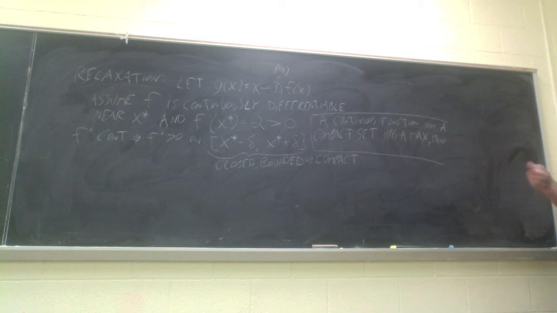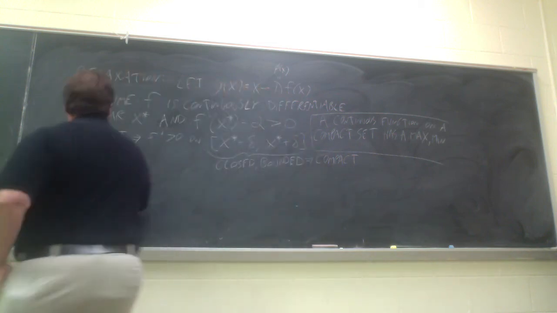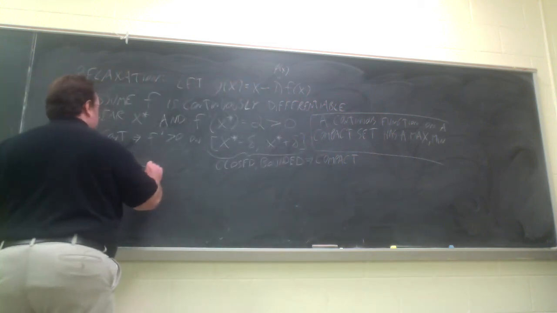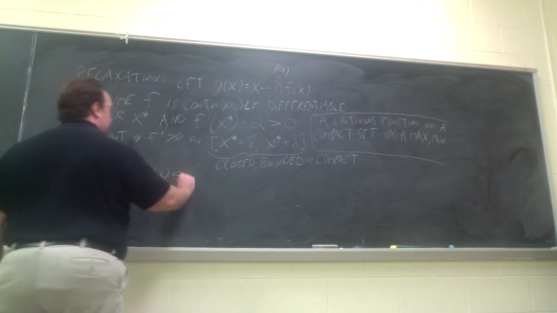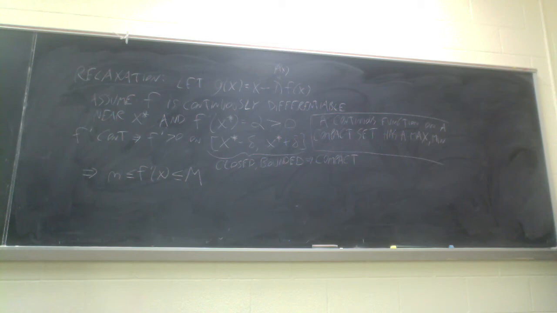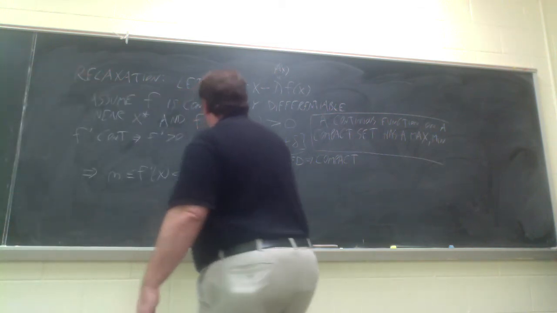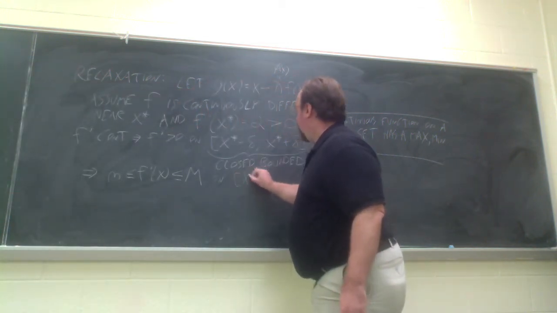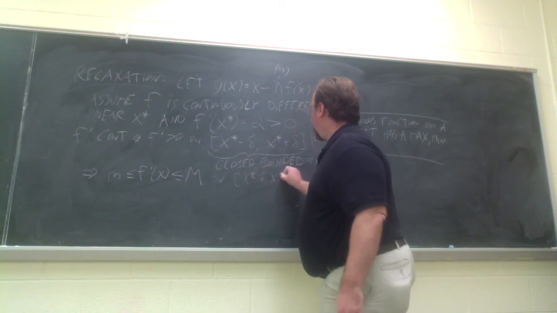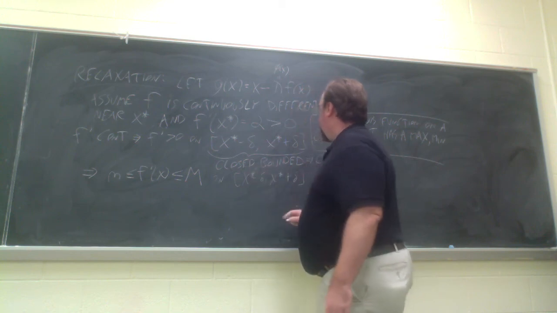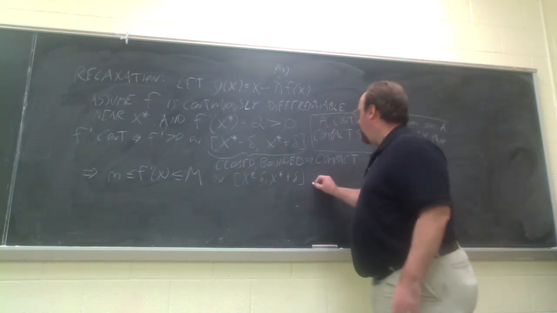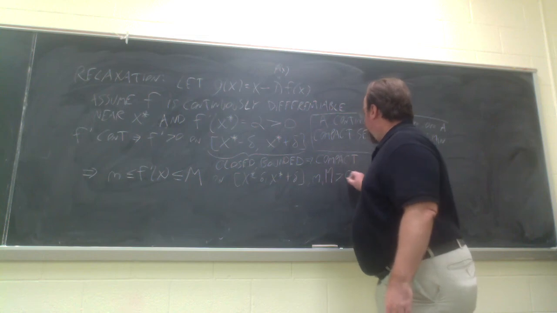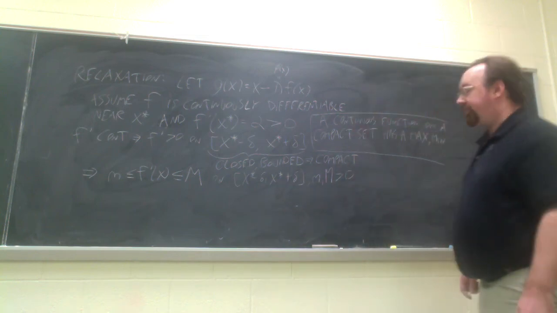F prime is assumed to be continuous on it. So we can say that f prime of x has a minimum, little m, and a maximum, big M, on this interval, x star minus delta, x star plus delta. And we're assuming that f prime is positive on the entire interval, so we can say that little m and big M are both strictly positive.